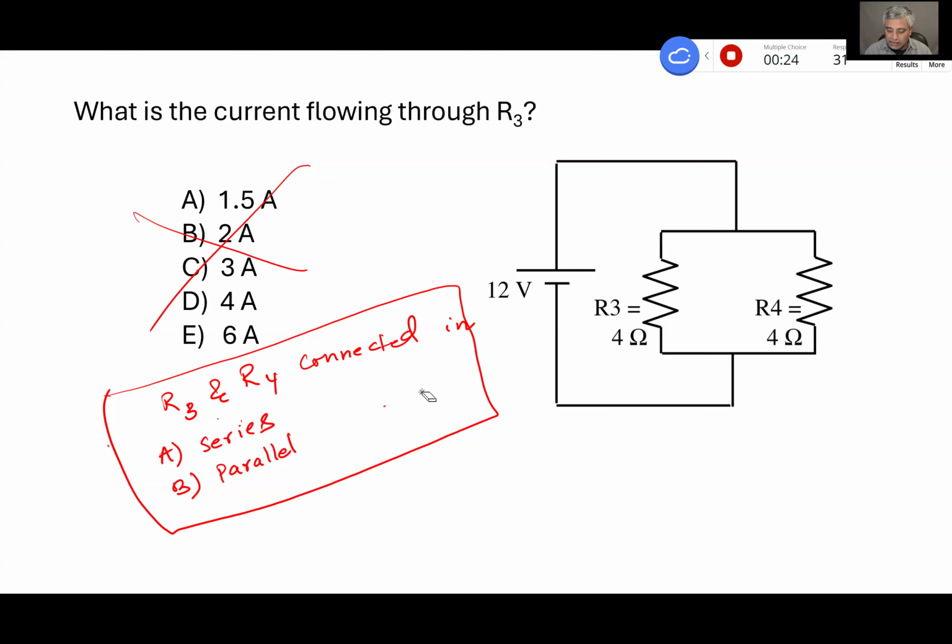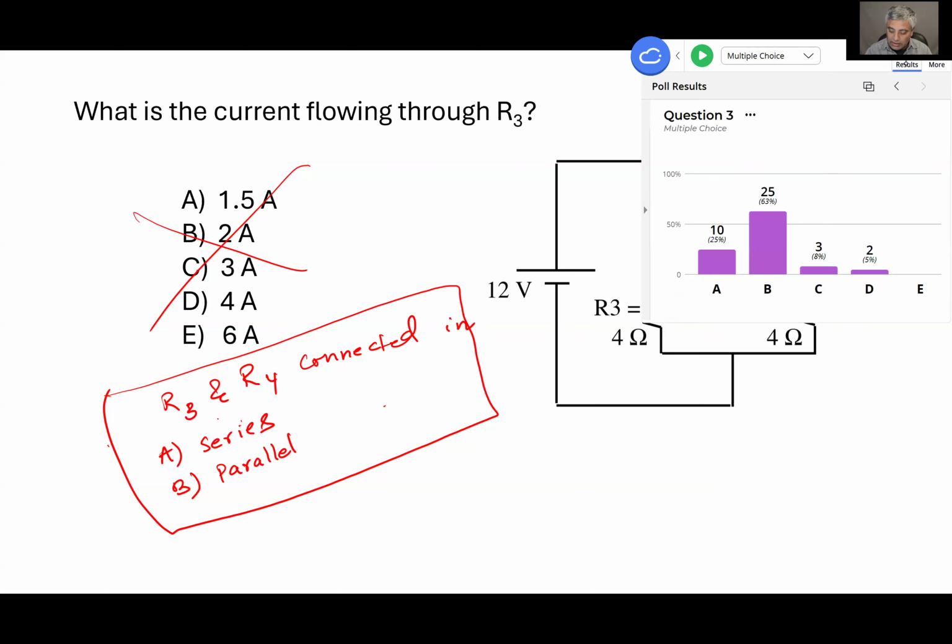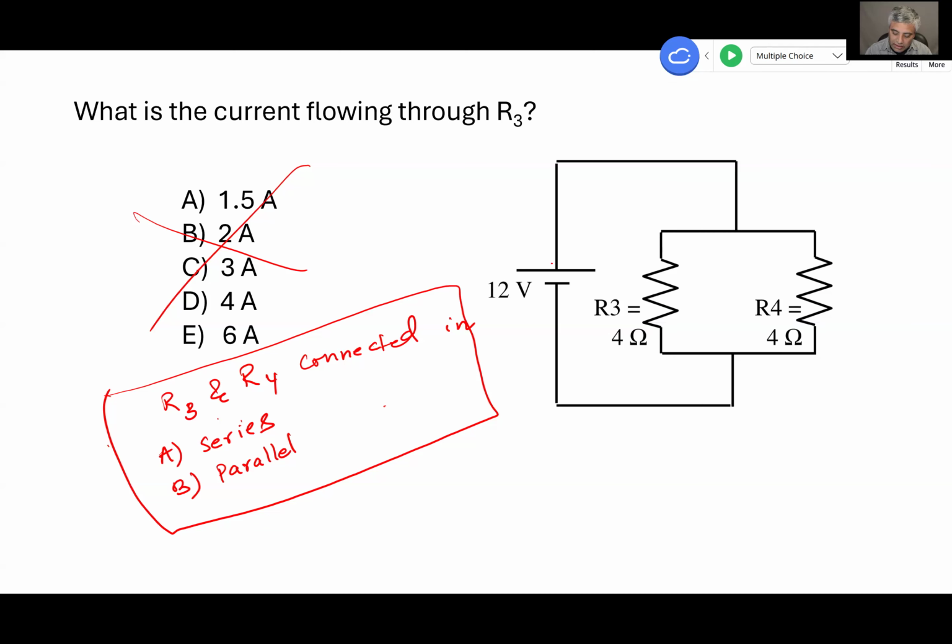Five more seconds. 5, 4, 3, 2, 1, and it stops. Okay, let's see what we got. Oh, we even have C and D. So over here, what do we see? 12 volt, 0 volt.